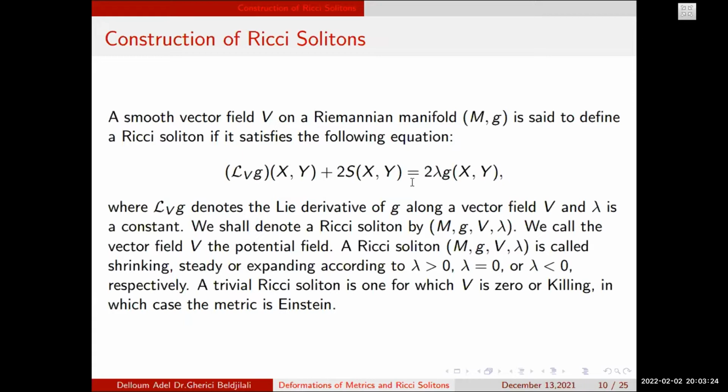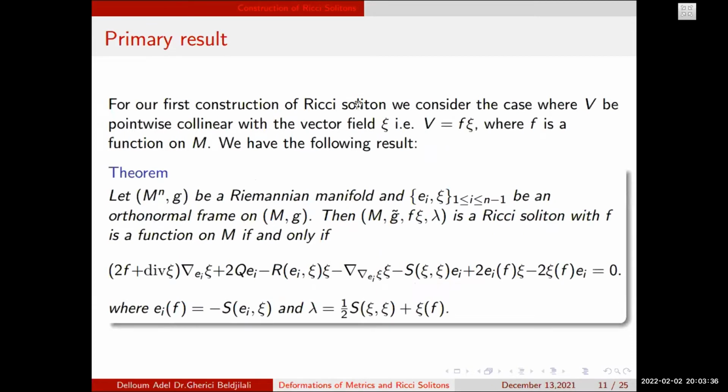A trivial choice of the vector V is to be collinear with the characteristic vector field. So for our first construction, we will consider V equal to f times xi, which is parallel to xi.